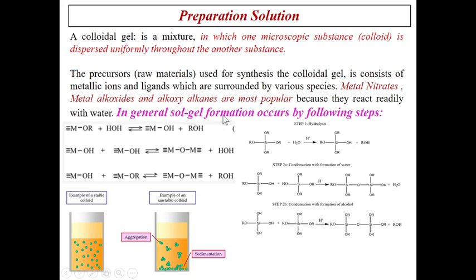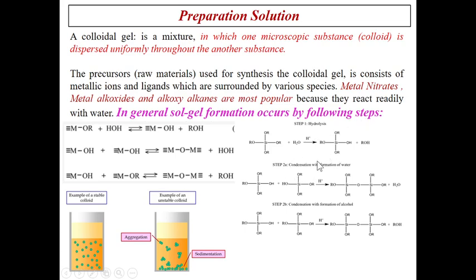So in general, sol gel formation occurs by the following steps that you have to write down. That is your M-OR plus HOH. This reaction is nothing but your hydrolysis. This is one example, Si-OR with H2O. When it reacts with a water molecule, then it will form in this way.